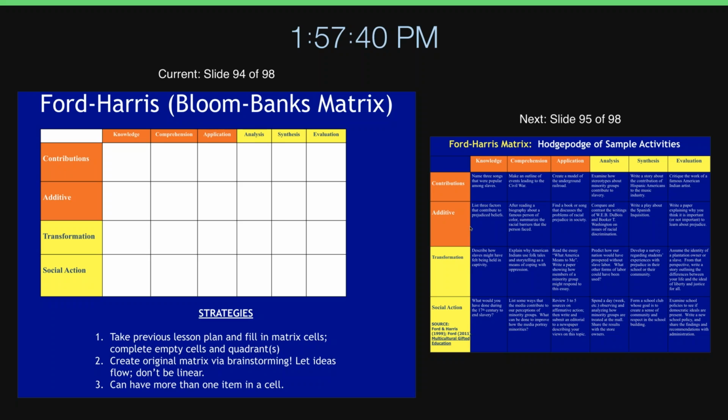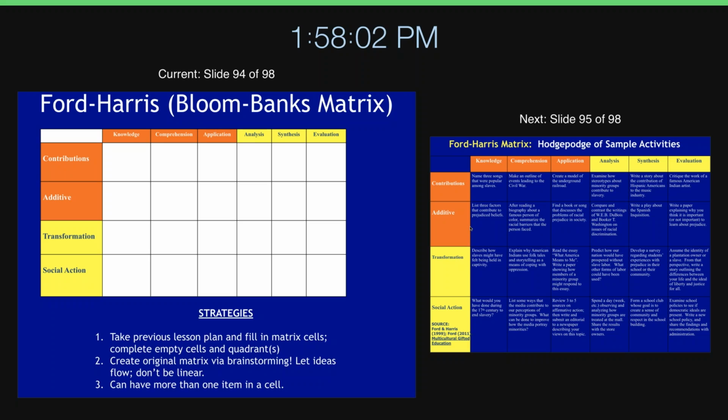And by the way, like number 3 says, you can have more than one item in a cell. You can also create an original matrix using brainstorming. Let your ideas flow. Don't be linear. The point is you must get into quadrant 4.